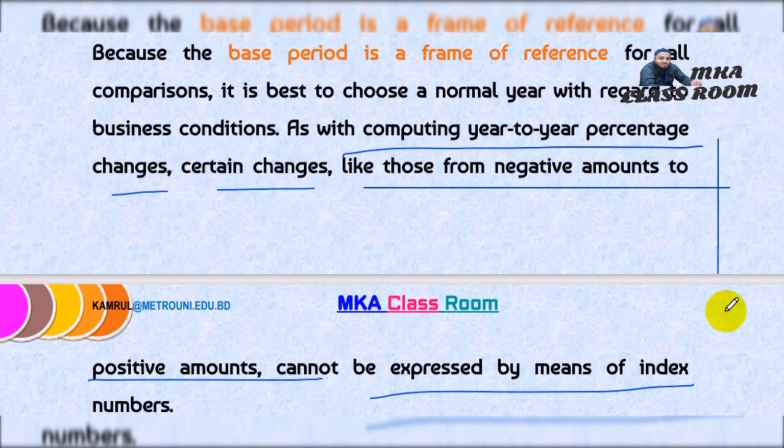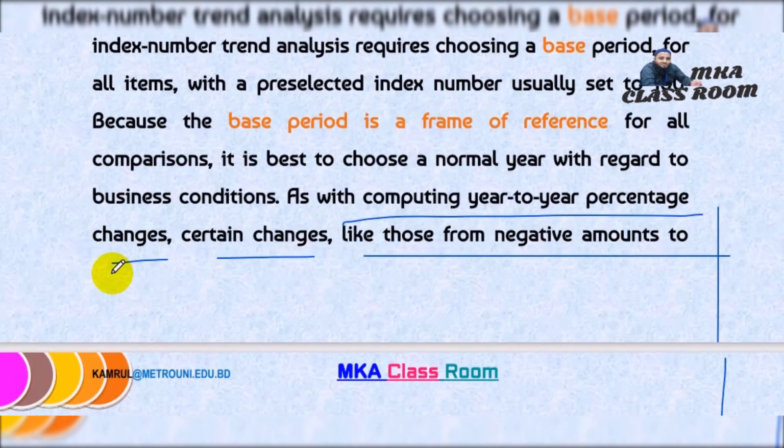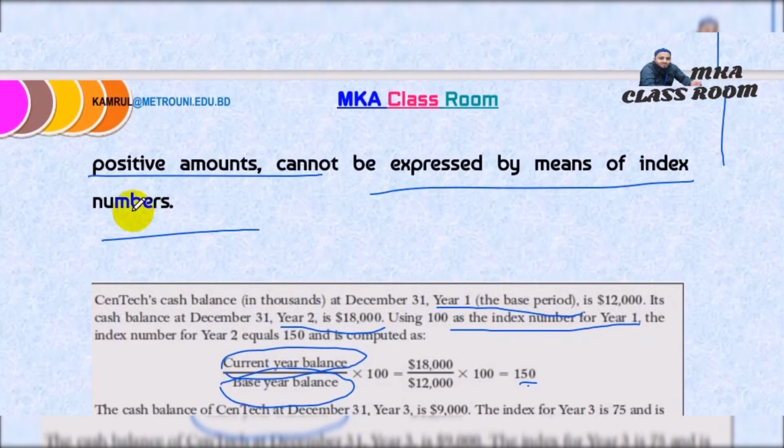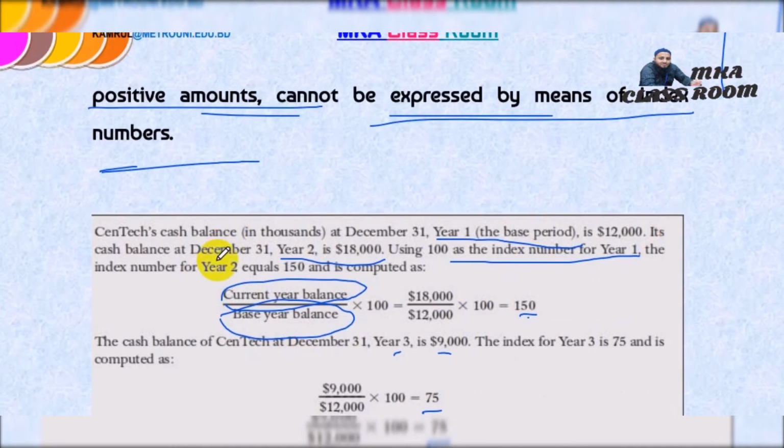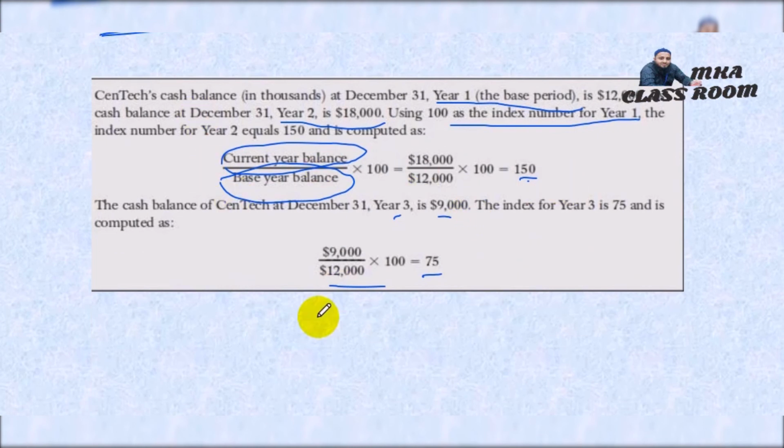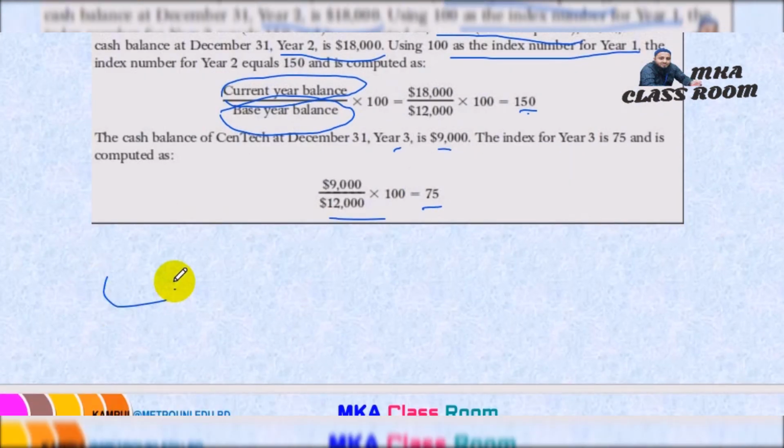So we are not using index numbers for these types of matters. So index number in the year you can calculate in this way: current year balance divided by base year balance into 100.